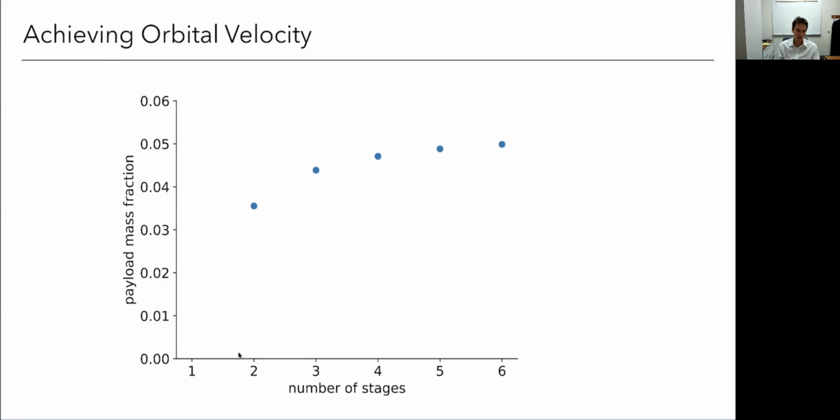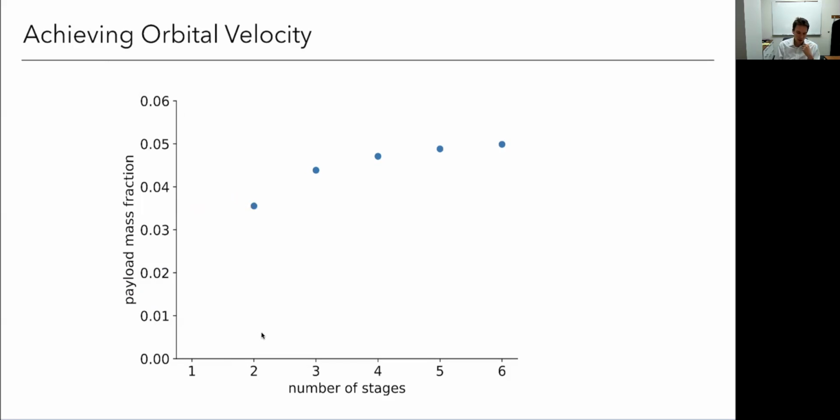We cannot get to low Earth orbit with one stage. Or we get to a lower altitude, something else that we want to do. But if we want to go to low Earth orbit, too bad, can't do it. We can do it with 2 stages, right? By tossing it off, we get to 2 stages. So it's possible, but notice our payload is only about 3.5%.